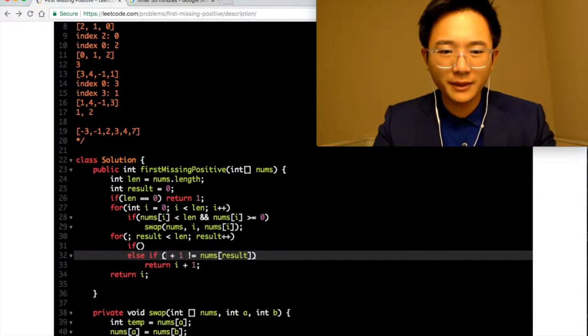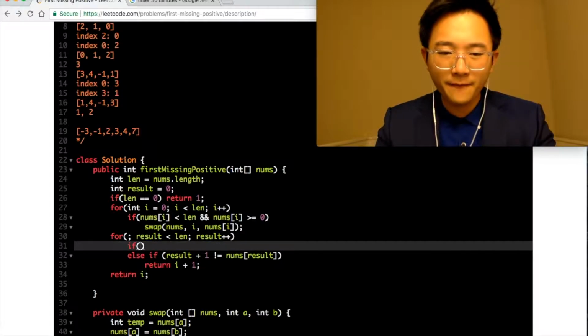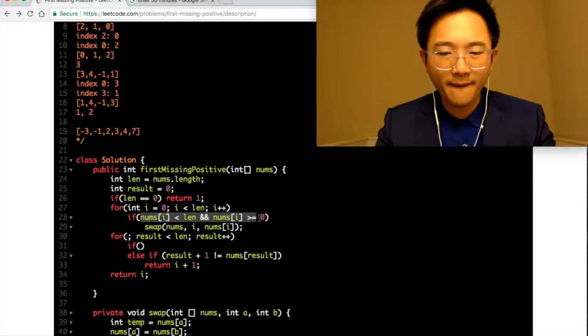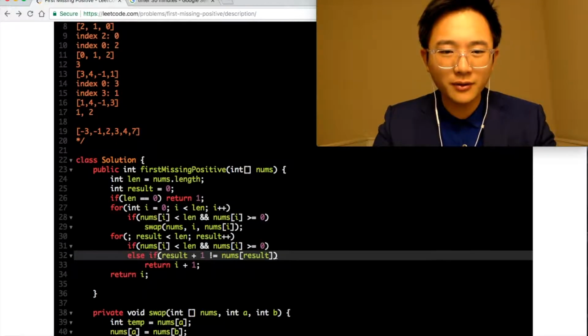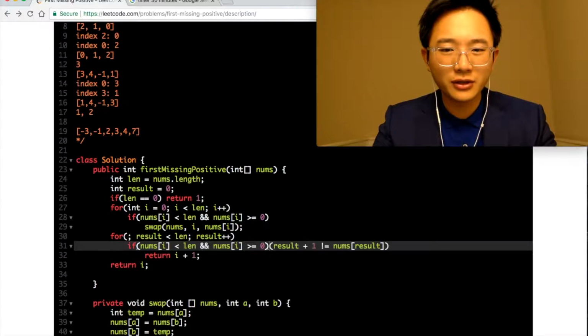So result plus 1 is not equal to nums[result], and if okay, I think I should put this into the same condition.